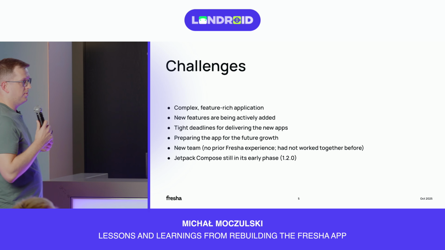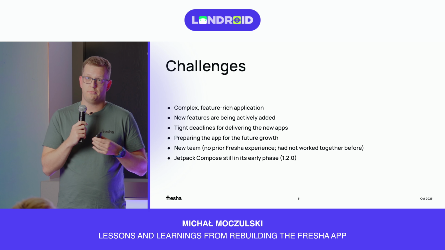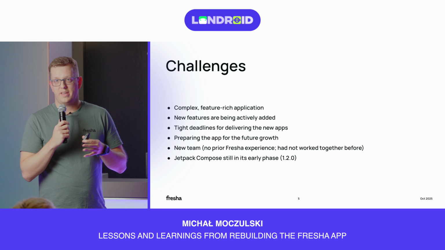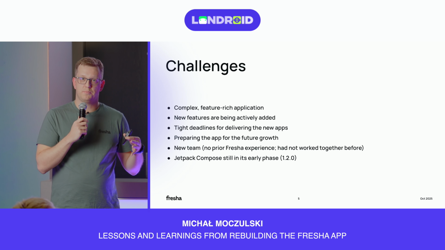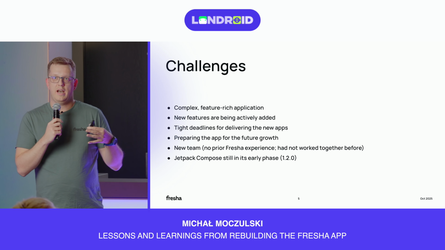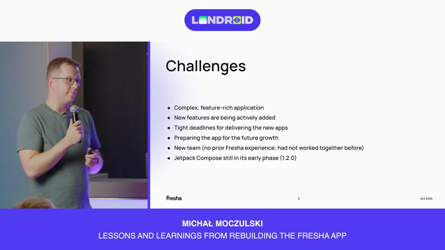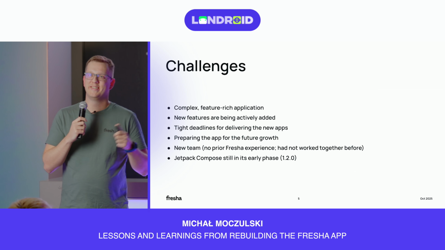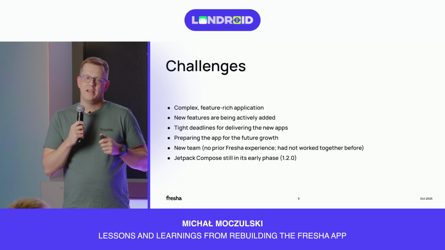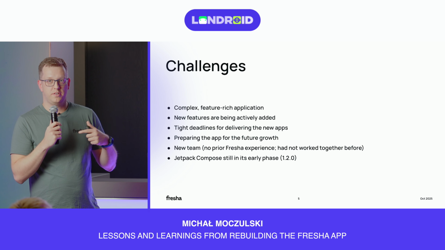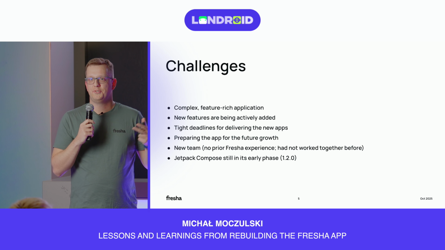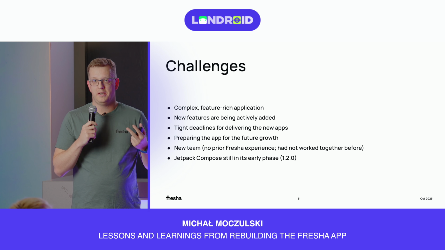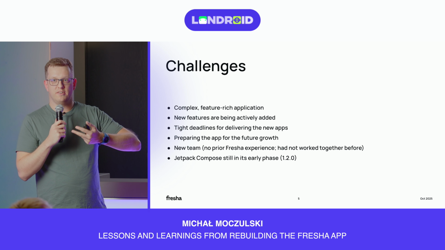And also we wanted to be efficient. We had a very tight deadline: roughly 6 months from starting this project to delivering the app to the Play Store. I've mentioned our new awesome team of native developers, but we had never worked together before. We were a brand new team at Fresha, and to be honest, we didn't know the product really well, so we had to learn on the go.